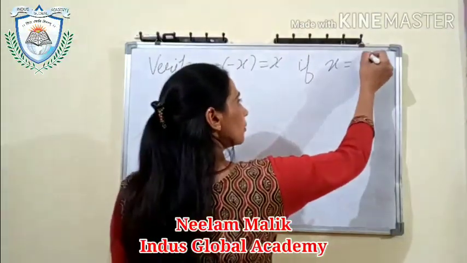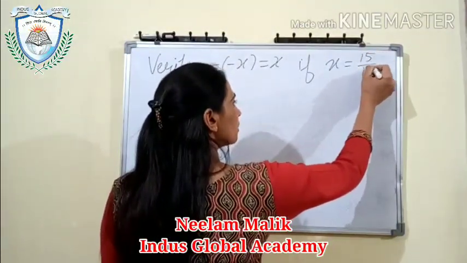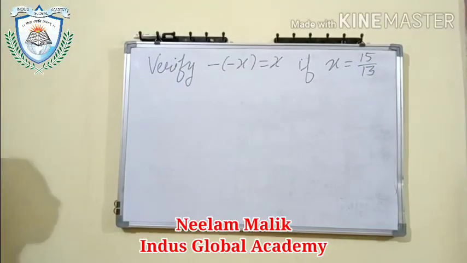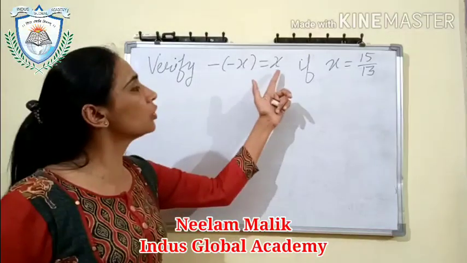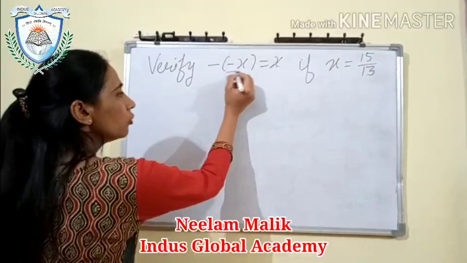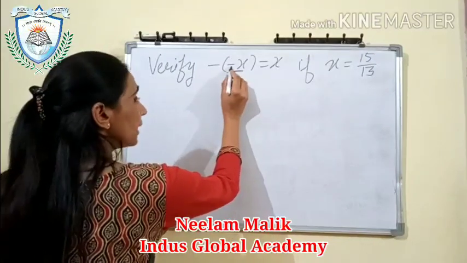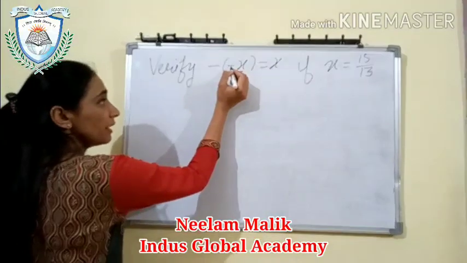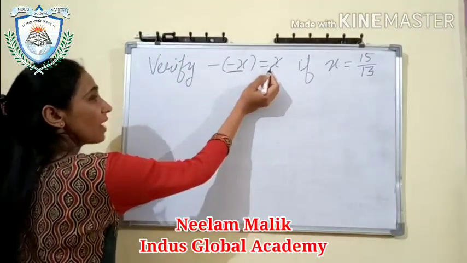I'm taking here 15 upon 30. Verify minus of minus x is equal to x, means we have to prove. What do you mean by minus x? Minus means negative sign. So this is the additive inverse of x.